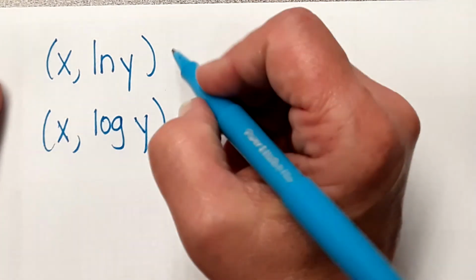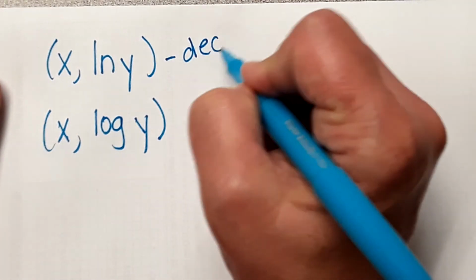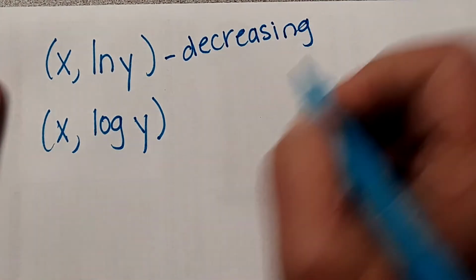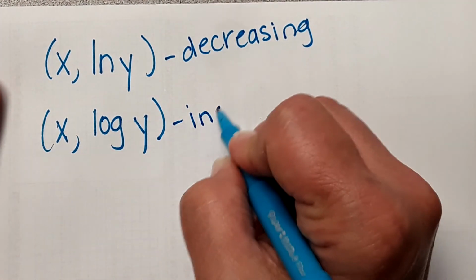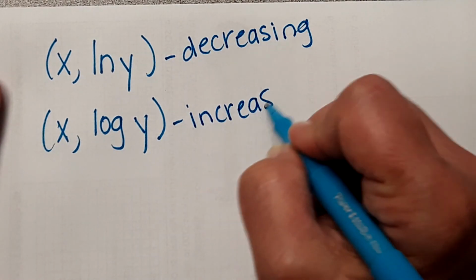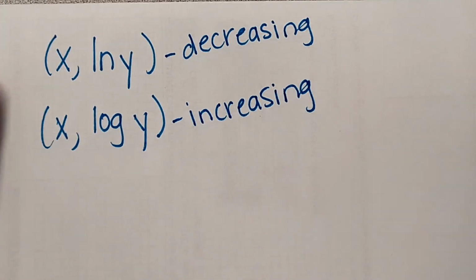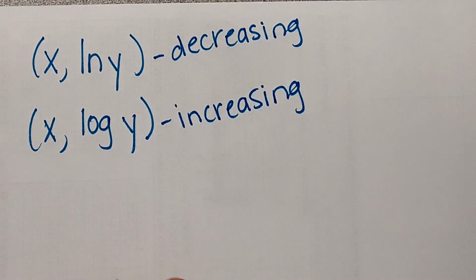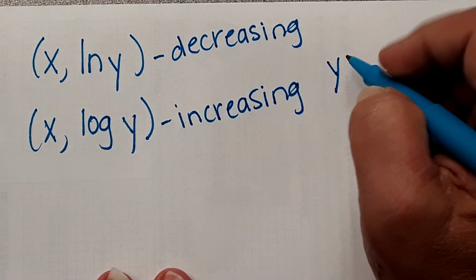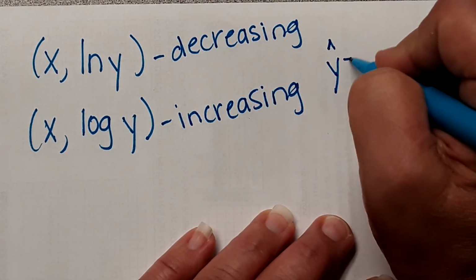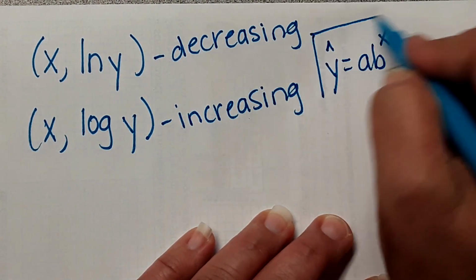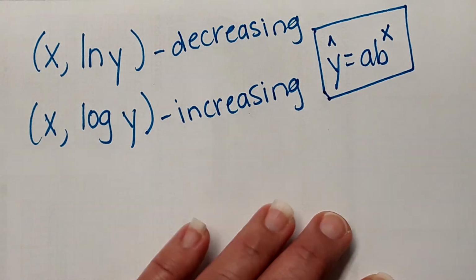This one, you should know that this is a decreasing model. And this one is increasing. And you also need to know that this is what your final equation looks like for an exponential model.